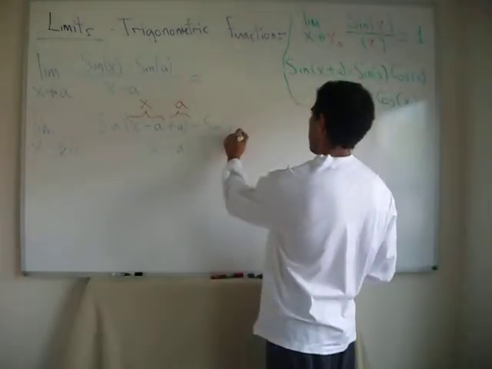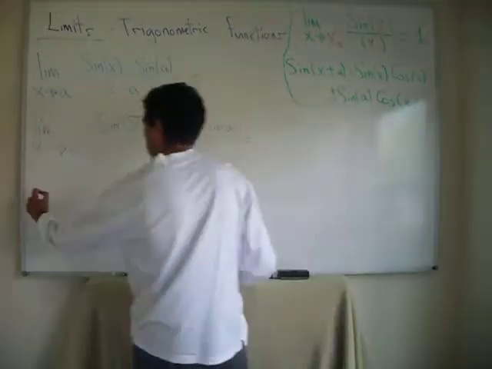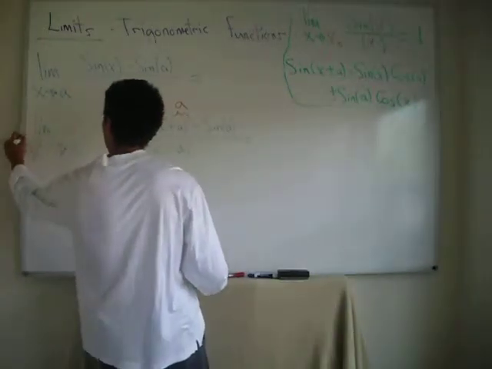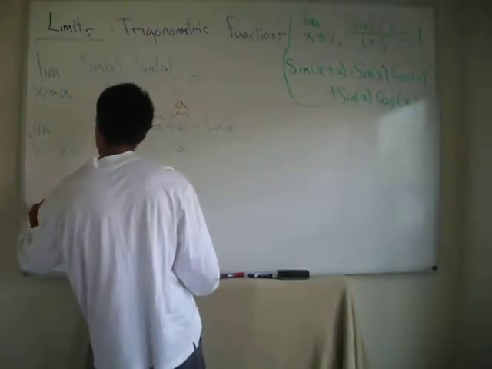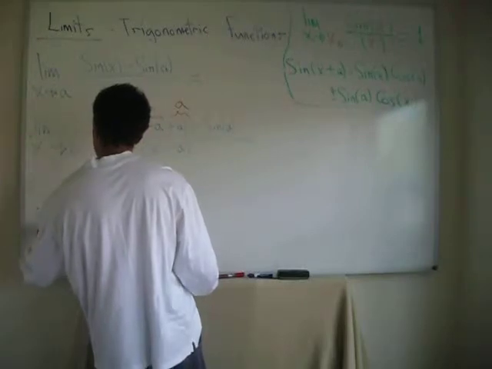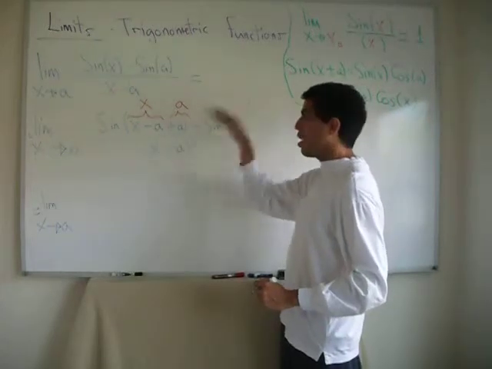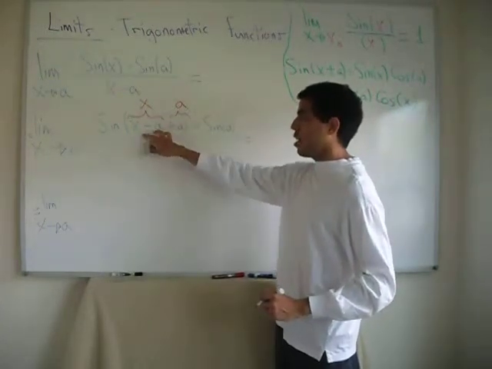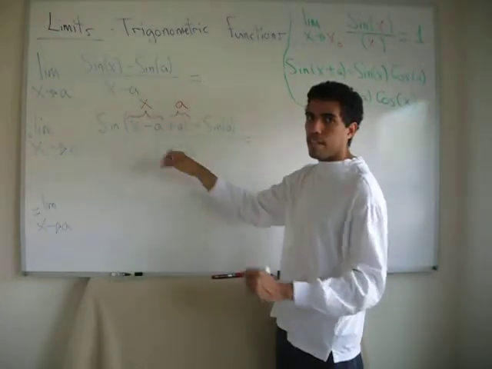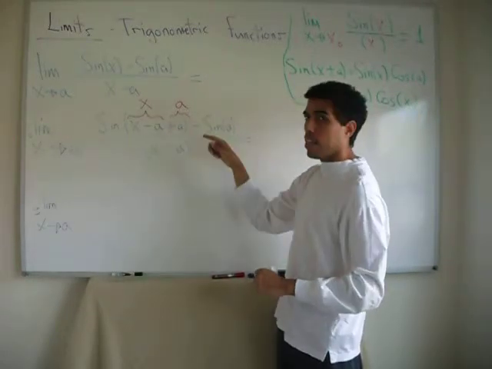So that's what I'm going to do next. This equals the limit when x tends to a of, and like I said, I use this property with these two. X minus a is going to be the first one, and plus a is going to be the second one.